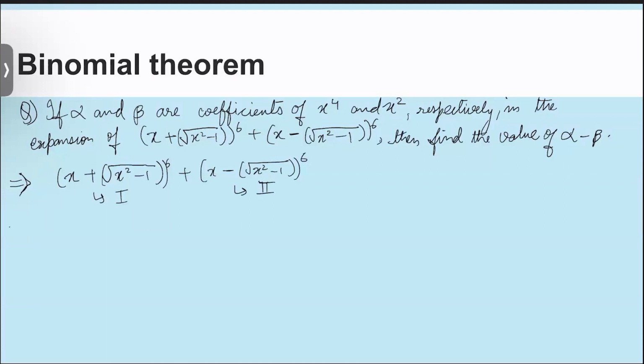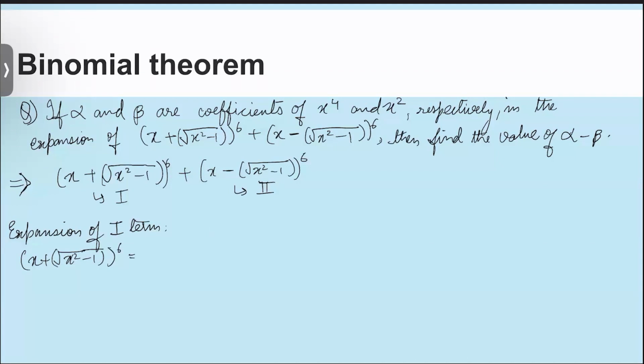So first we'll expand the first term. Okay, so that is your x plus root of x squared minus 1 the whole raised to 6.